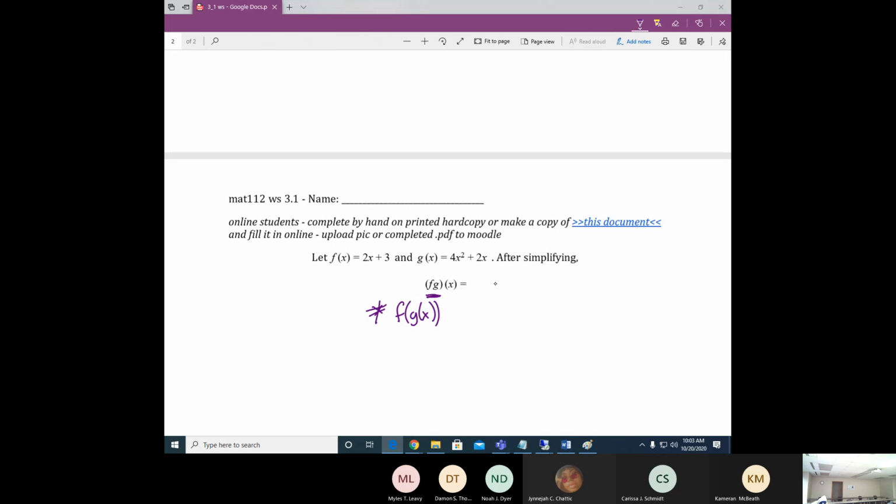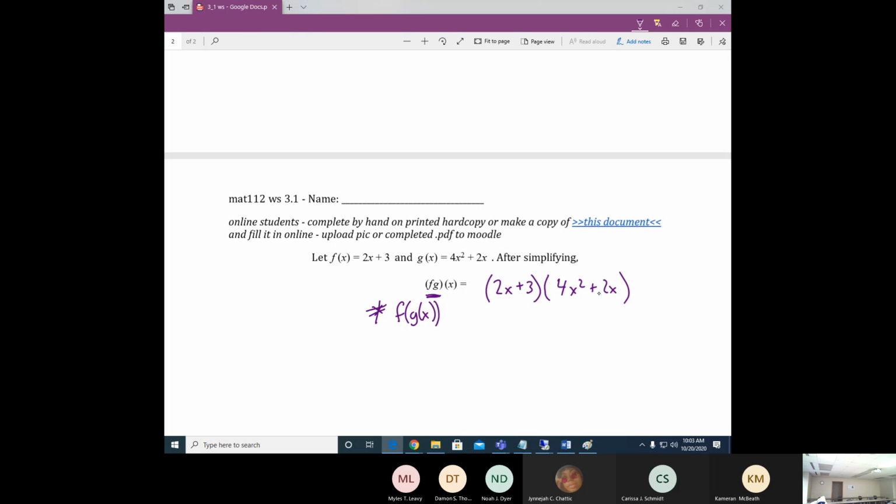So we're just doing 2x plus 3, I'll put it in parentheses, times, well, yeah, I'll multiply them out. 4x squared plus 2x. I could factor out a 2 just for fun, and I could factor out a 2x.